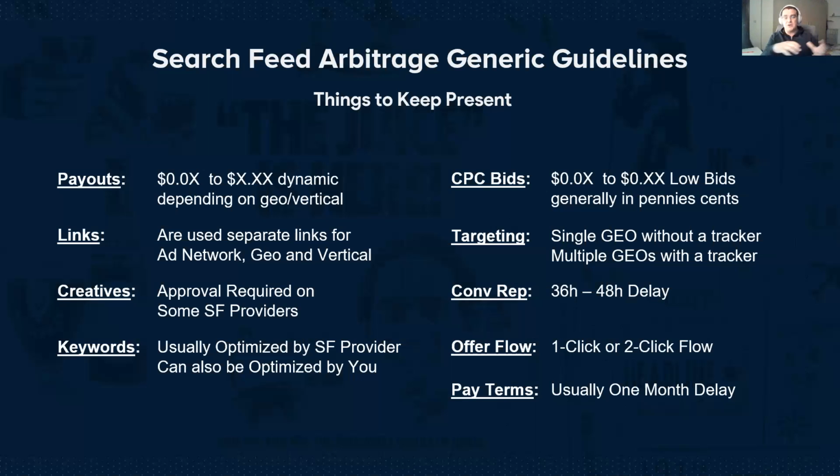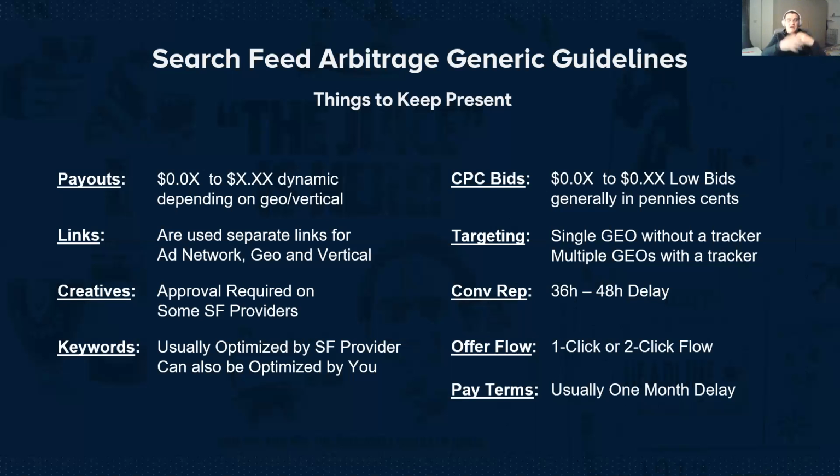So in this situation, we will have two parties to deal with in terms of compliance, and it will require time for both of them to approve the keyword and the creatives, and that includes both the image and the headlines. Then the keywords are usually optimized by the search feed provider, meaning that we don't have to worry too much about the keywords.